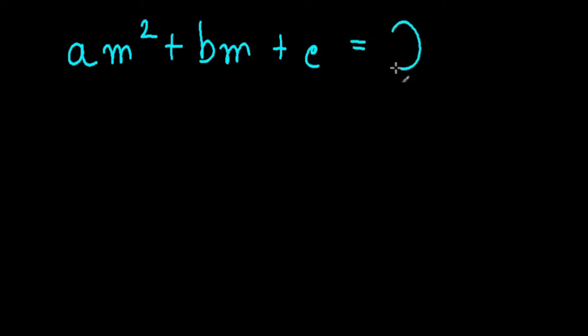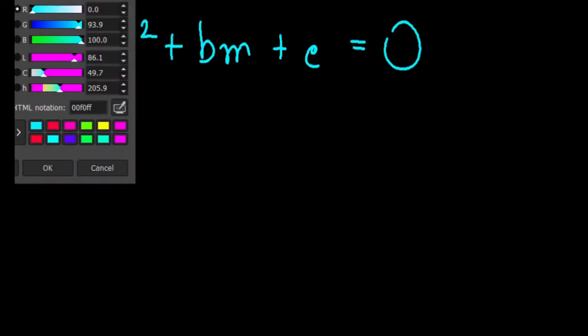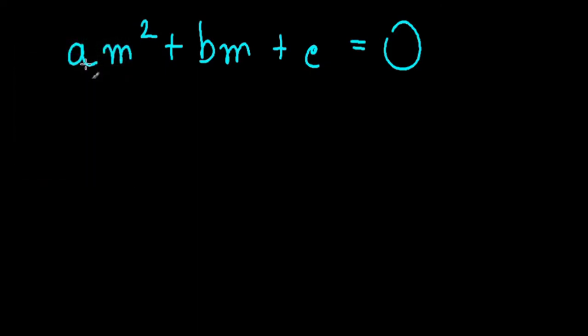Basically, let's say that our characteristic equation, like in the previous two videos, is a m squared plus b m plus c equals 0. And let's say that, as the topic of this video goes, this characteristic equation has a single root that's repeated two times.